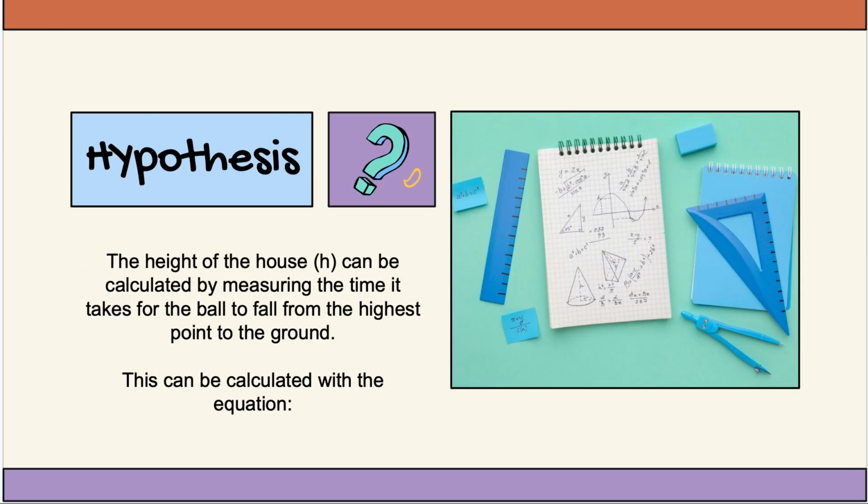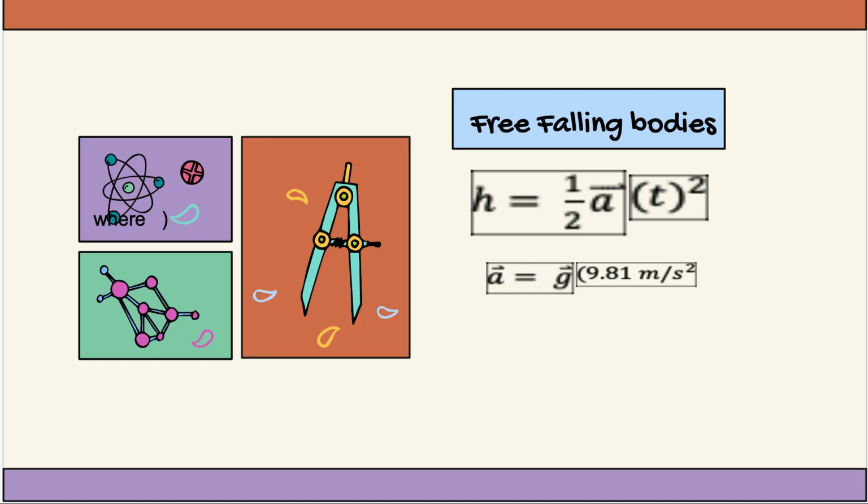For my hypothesis, the height of the house, h, can be calculated by measuring the time it takes for a ball to fall from the highest point to the ground. This can be calculated with the free falling bodies equation, where the height equals 1/2 times the acceleration times the time squared.